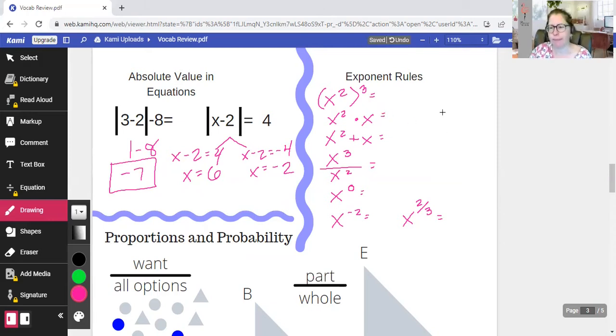All right, ready? So when we have exponents separated by a parenthesis, we are just going to multiply them.